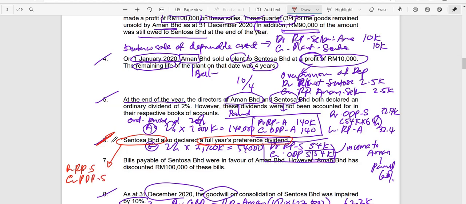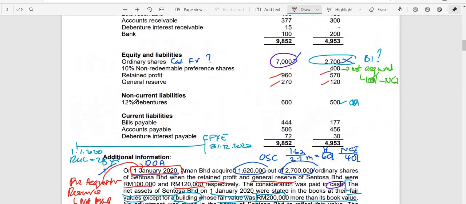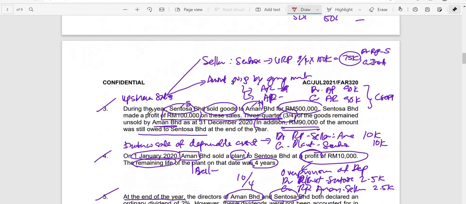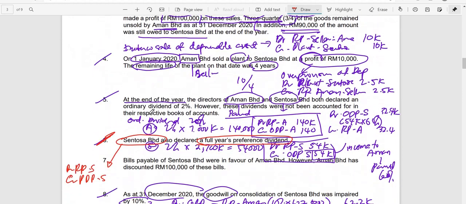How much? That would be actually 10%, since the dividend is 10%, and the amount here is 400,000. You were informed that was a full year dividend. So that would be 10% times 400 times 1 year. So that will give you 40,000 that you need to record in the schedule, right?